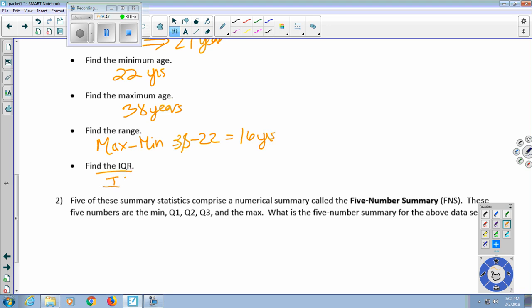Remember, our IQR is equal to Q3 minus Q1. We've already calculated those two things. Our Q3 was 27. Our Q1 was 24. So that's 3 years. Remember, the IQR measures your middle 50%, the spread of your middle 50%.